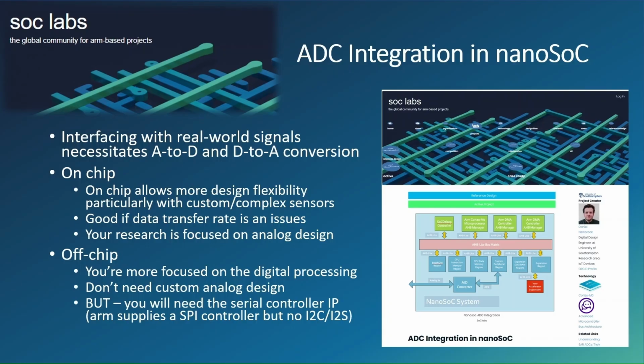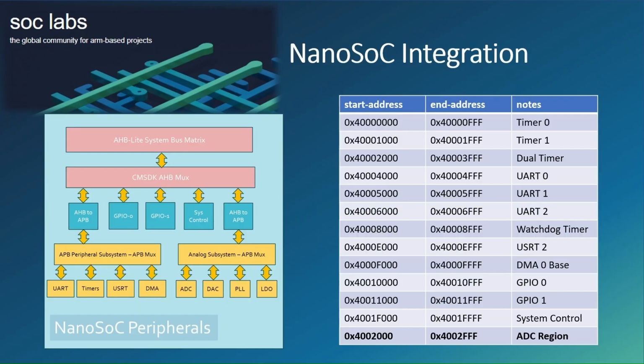In terms of data transfer rates, this can be preferable as well. But obviously, designing these high-speed ADCs is a challenge in itself. Off-chip, if you're more focused on the digital processing, if it's relatively low frequency, low bandwidth, it simplifies things because you don't need to do the analog design. You can just put it all off-chip.